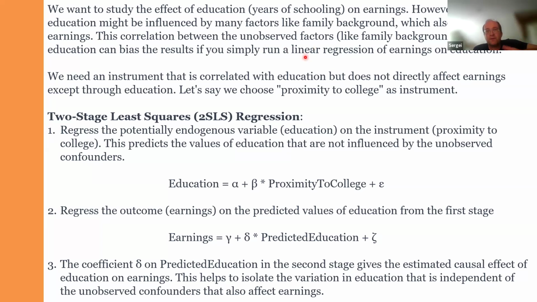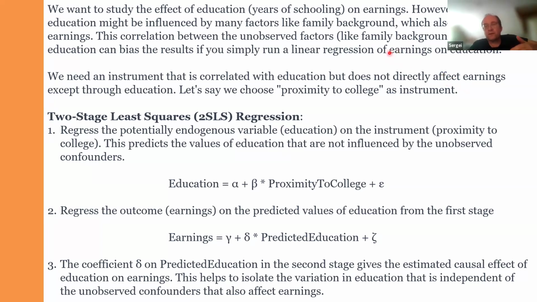So if we simply try to find out this effect by doing a linear regression of earnings on education, this can be biased by things like family background. And we don't necessarily have access to family background.